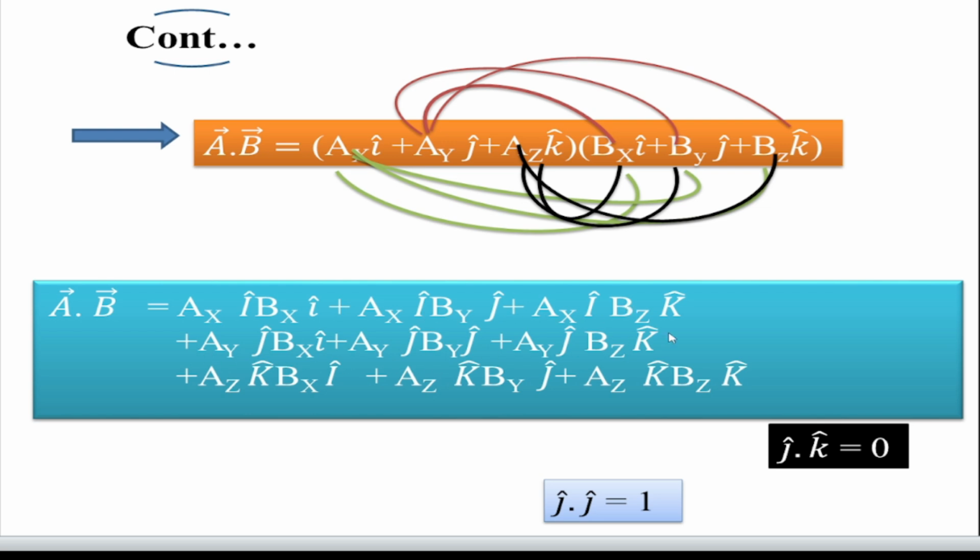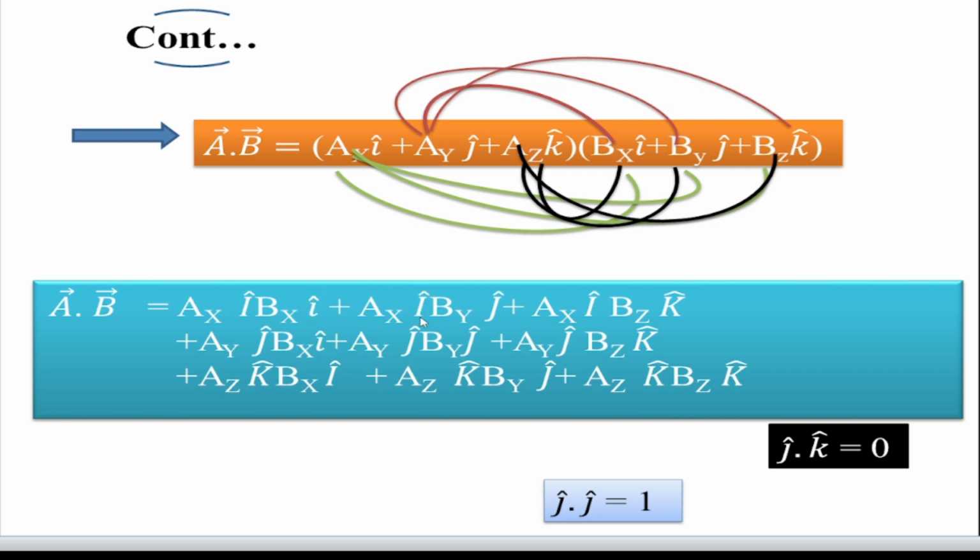Okay, look. For instance, this means the product of Ax and then Bx, Ax times Bx. Great. But look, the unit vectors: I, here also I.